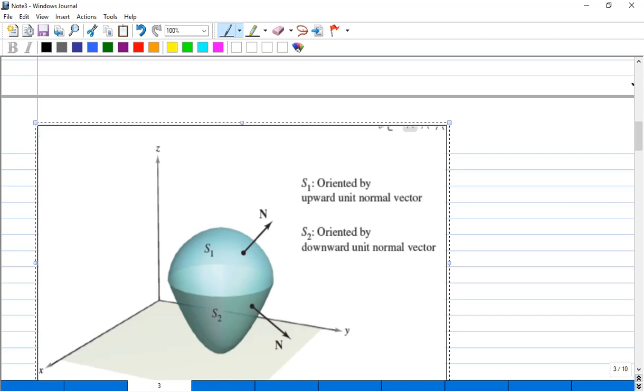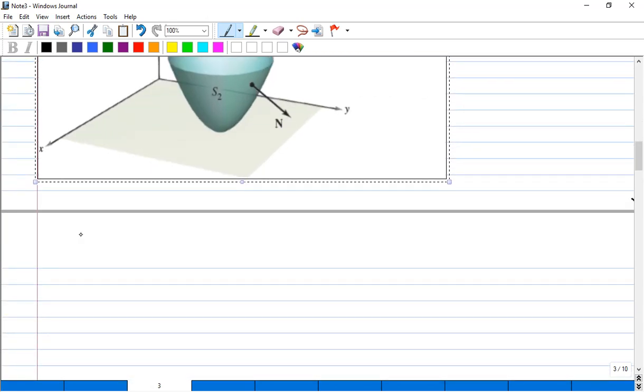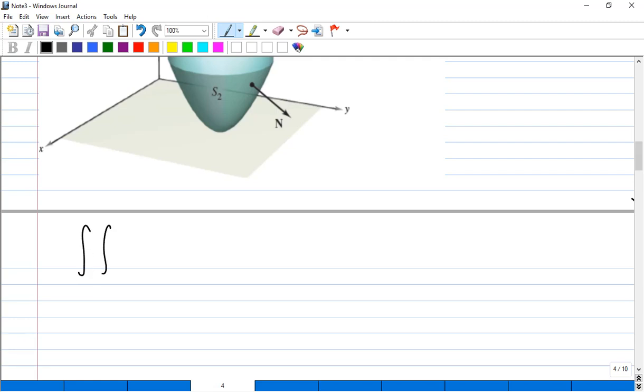Then the divergence theorem says that if Q is a solid region bounded by these closed surfaces, and each surface is oriented by a unit normal vector directed outward from Q, then if F is a vector field whose component functions have continuous first partial derivatives in Q, the double integral over the surface of F dot N, that's the F is what?